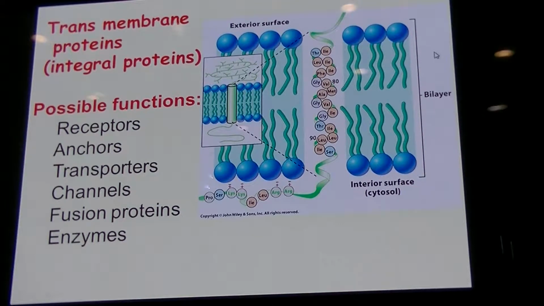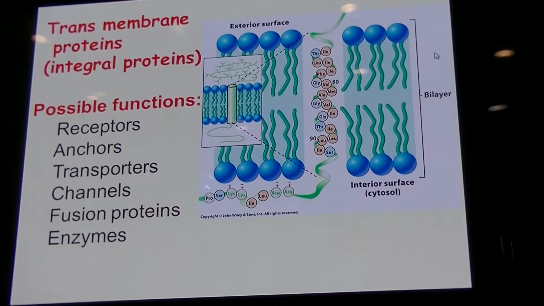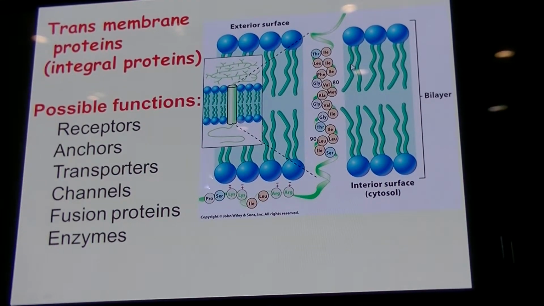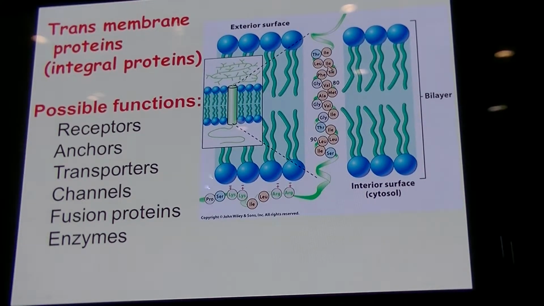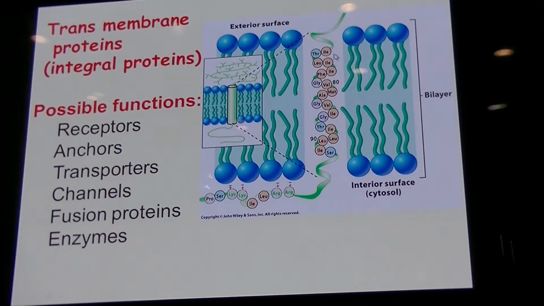The answer is that in the alpha helix there's hydrogen bonding between hydrophilic groups of the polypeptide backbone. The carboxyl groups and the amino groups of all of these amino acids satisfy their hydrogen bonding needs with each other. They don't have to do that with water. And then the side chains, all these R groups of these amino acids, are hydrophobic. So this is an arrangement that is happy in this bilayer.